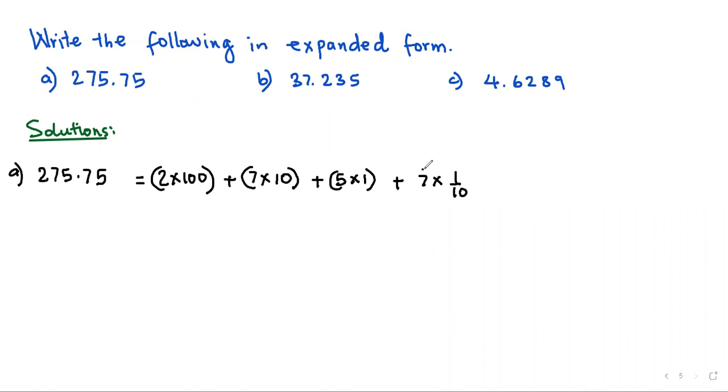Plus, what is the value of 5? 5 times 1 out of 100. So that is your answer. That is your expanded form. Finished.